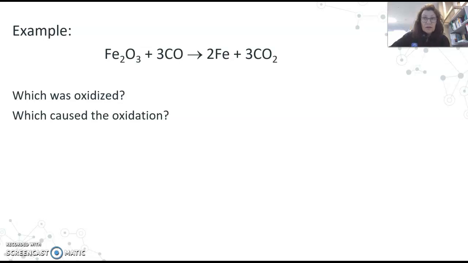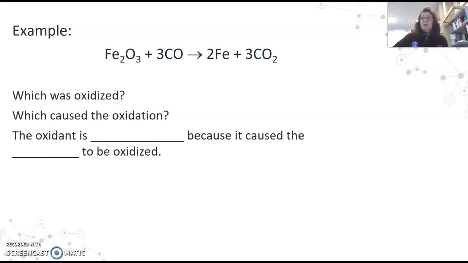Who causes the oxidation? The iron oxide causes the carbon monoxide to be oxidized by supplying the oxygen. So, consequently, the oxidant is the iron oxide because it caused the carbon monoxide to be oxidized.